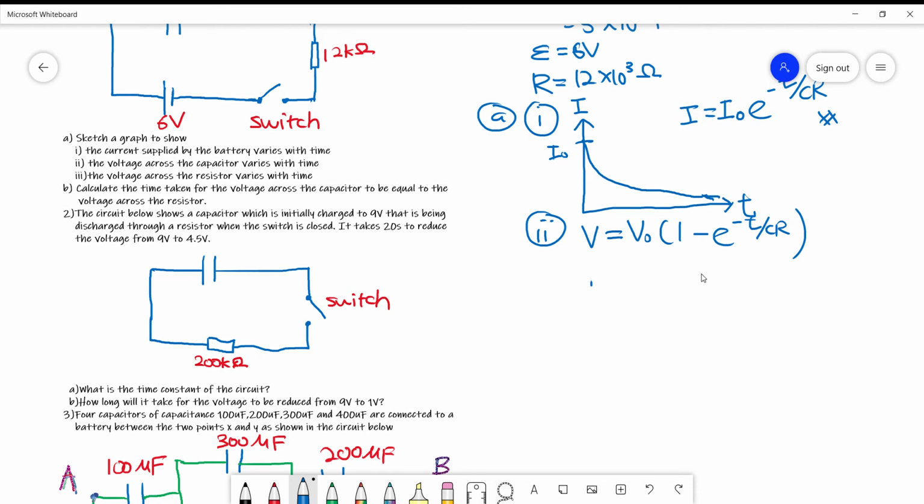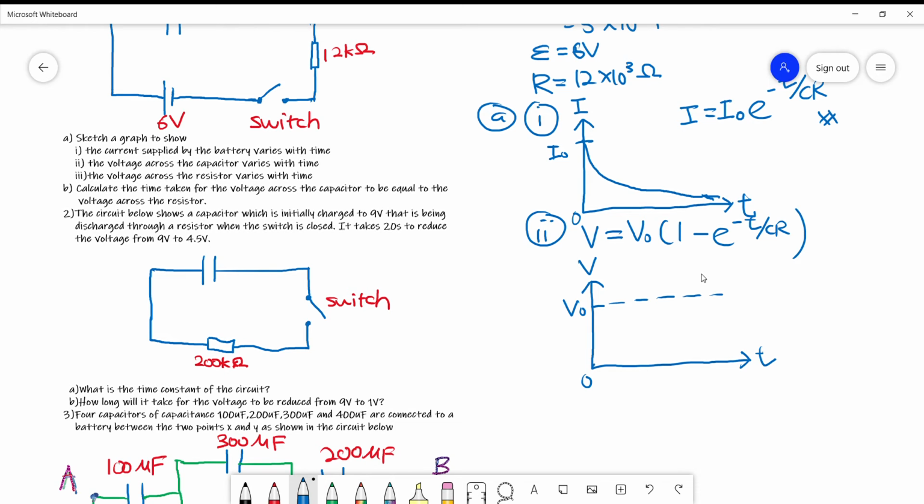So what will be our graph? My graph here is initially 0 of course, and this will be my V0.